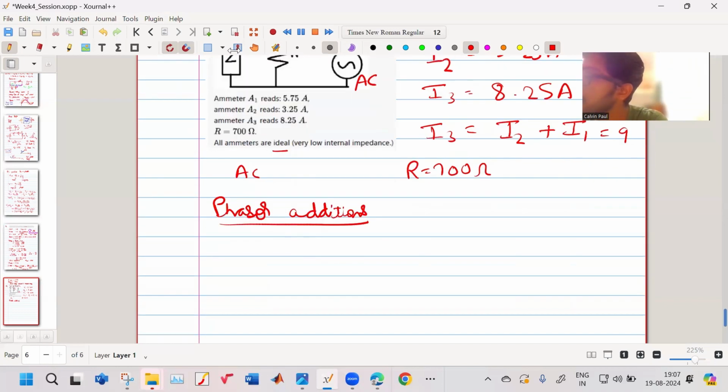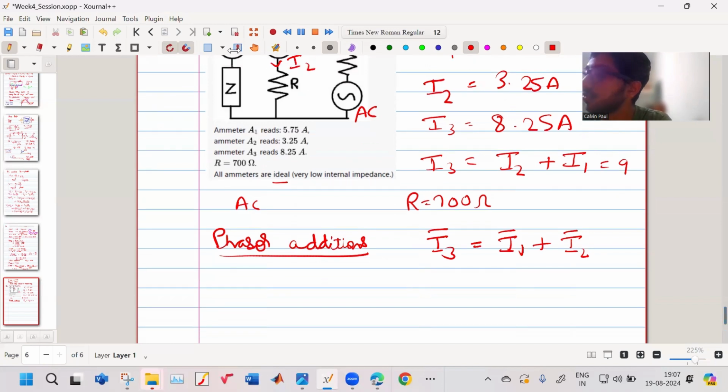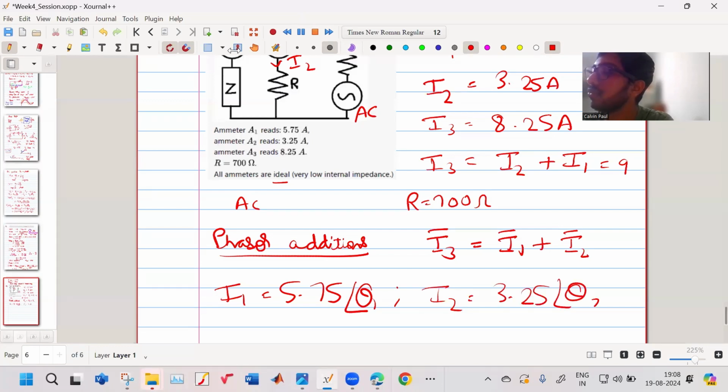So the phasor I3 is actually your I1 bar plus I2 bar. I1 will be 5.75 into some angle theta 1. Your I2 will be 3.25 into some angle theta 2.